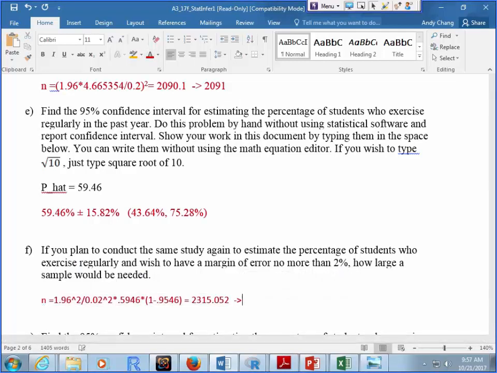And that would be, well, not yet the answer, but round up to 2316.